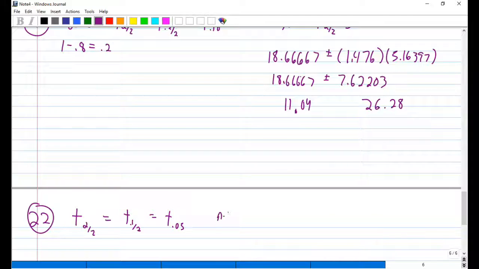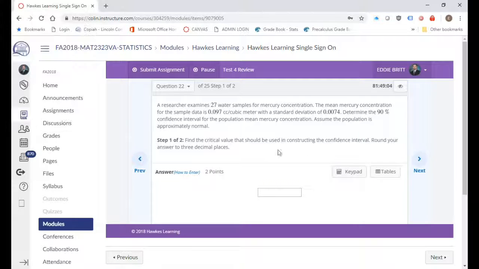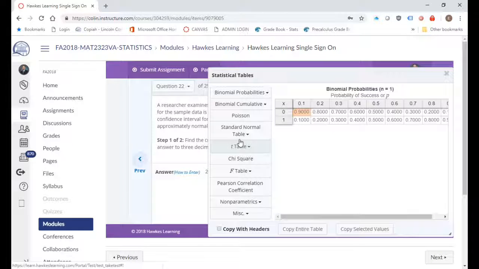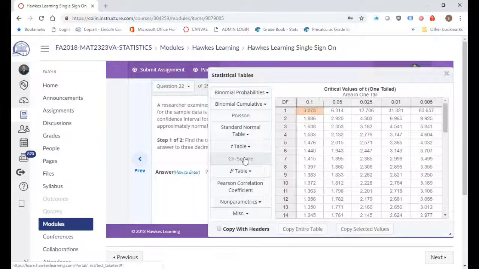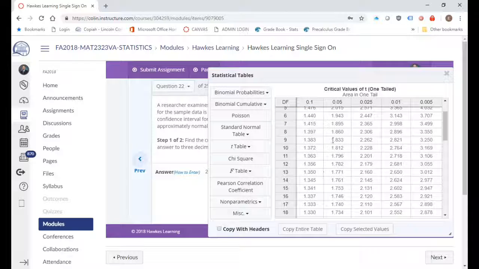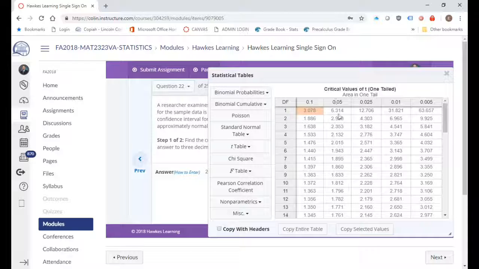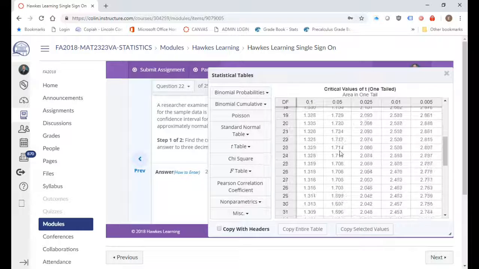And then we were told that n equaled 27. That was the sample size, so our degrees of freedom is 26. So let's go to our tables so we can find our critical value. All right, so we're at 0.05 in one tail. Our degrees of freedom is 26. So that means our critical value is 1.706.